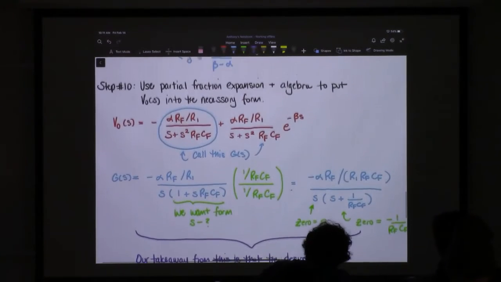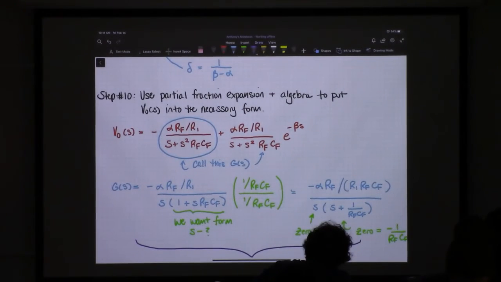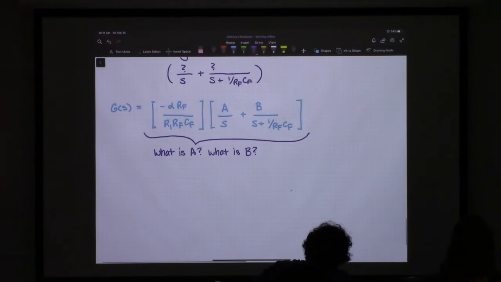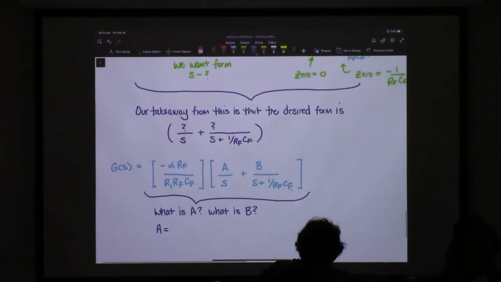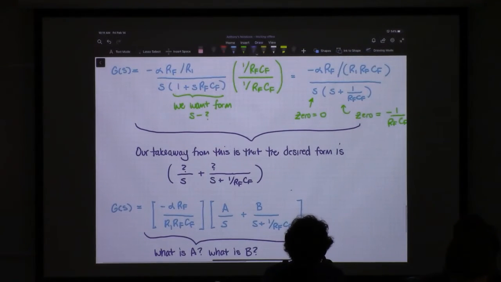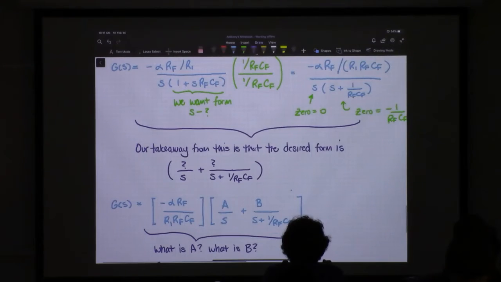All right, so maybe it would have been easier to split this up into multiple steps, but right now we're sort of taking it from this approach. So what is our A? I'd like for you guys to tell me that.